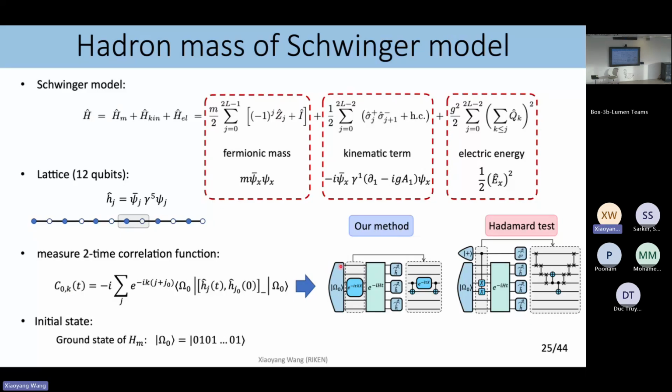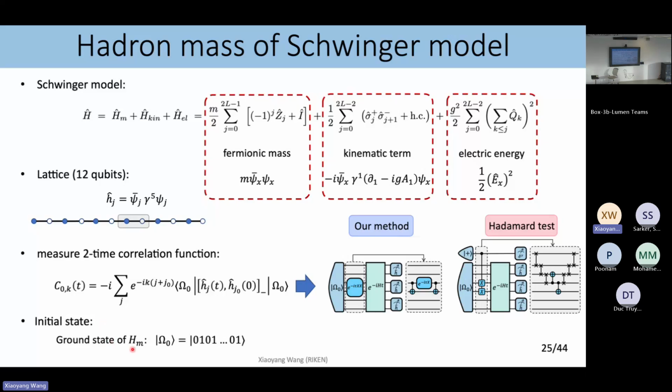And on the right hand, these two pictures compare our method with the Hadamard test method. Here to apply this hadron interpolator, our method only applies two CNOT gates, whereas in the Hadamard test method, we would need a lot of swap gates for the qubit routing.